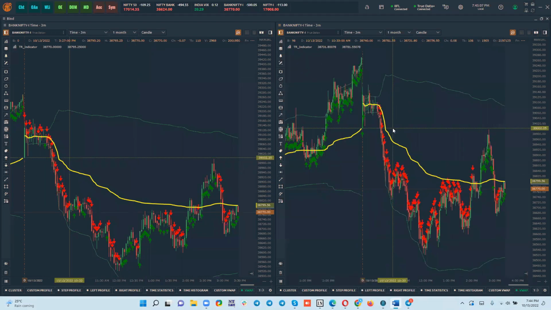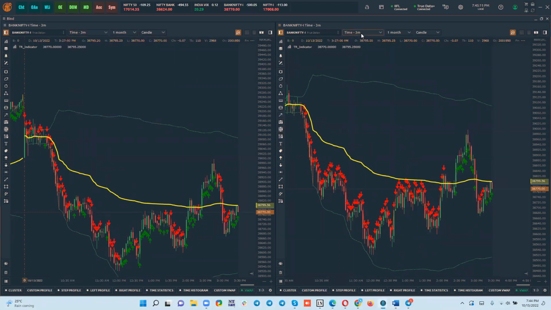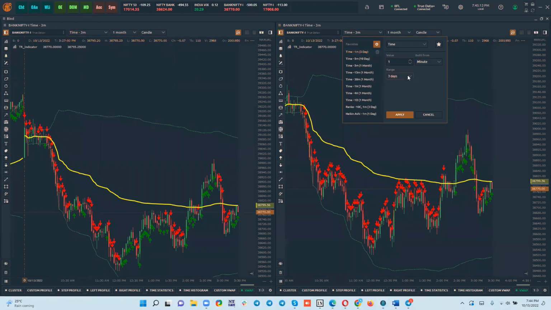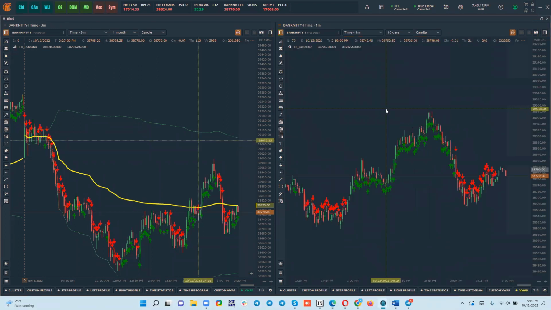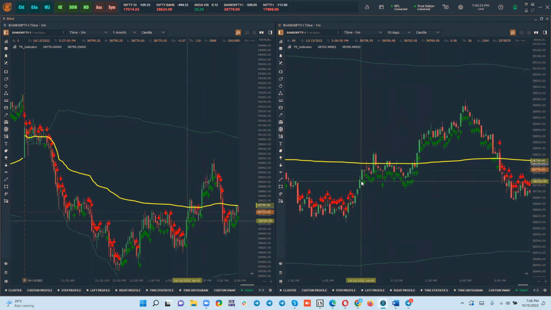But see, even if I switch to 1 minute, let's look at 1 minute. You get good trends. It's not that you will always get a reversal. Here you would have hit a stop loss, in this case.